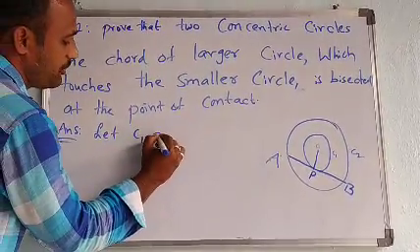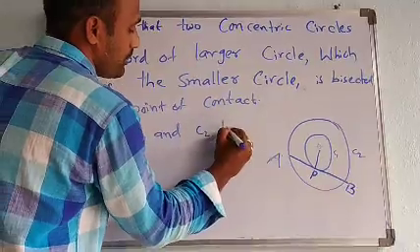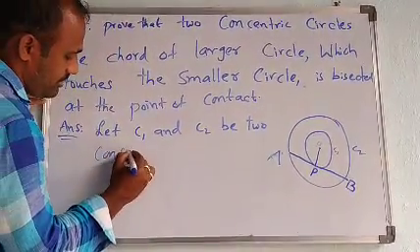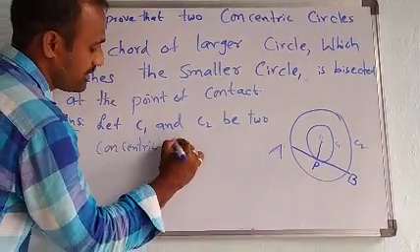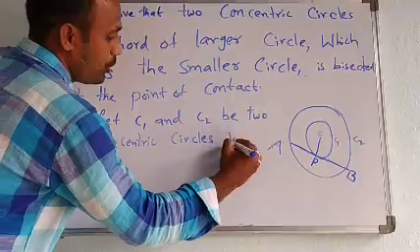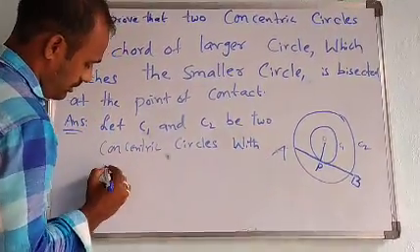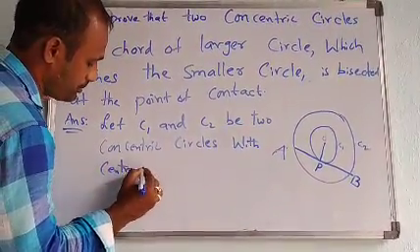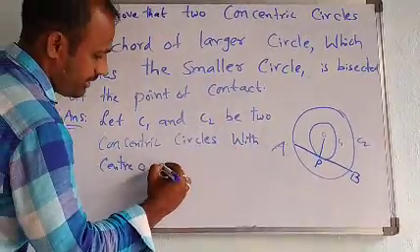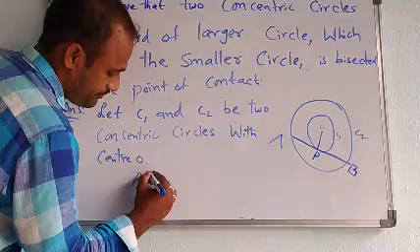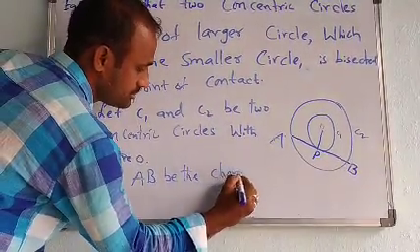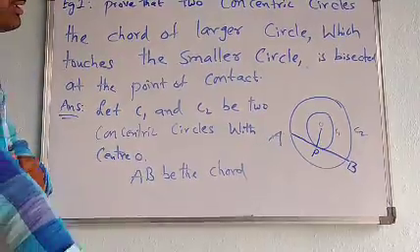Let C1 and C2 be two concentric circles with center O. AB be the chord.